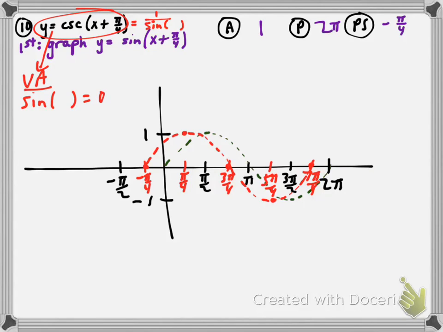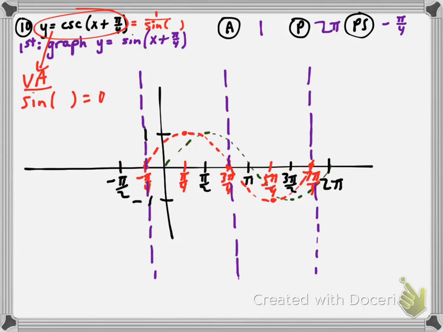What color have I not used? Let me use purple for our vertical asymptotes. We can see that the sine is 0 here, here, and here, and that's where we have our vertical asymptotes on the graph of the cosecant. That wasn't a very good one, but nevertheless, that's where the sine is 0.